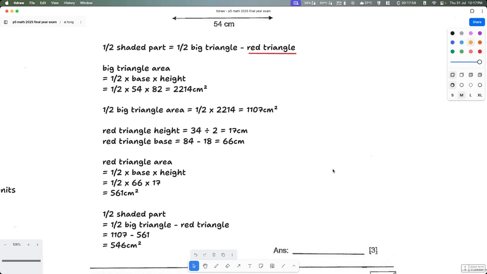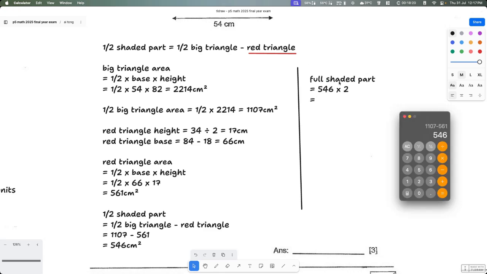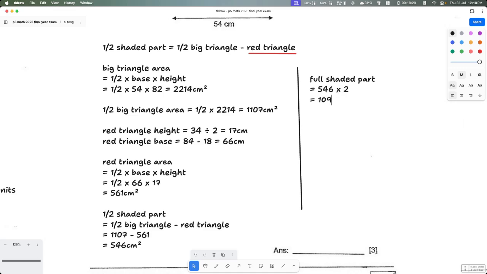The full shaded part, we just need to multiply this by 2, which is 546 multiplied by 2, 1092. Centimeter square. Okay, there you go. So that's the answer.